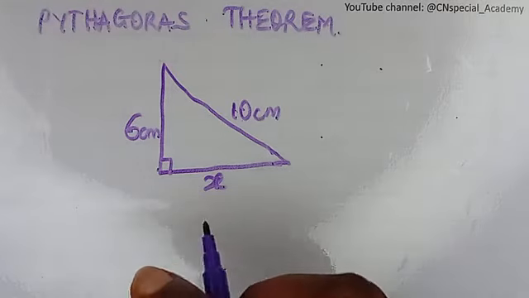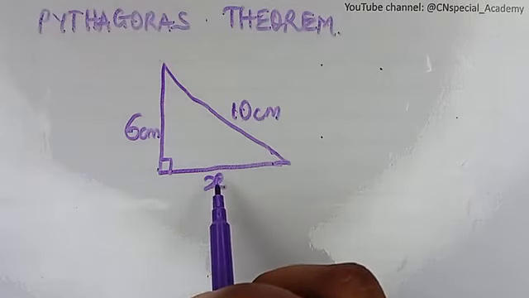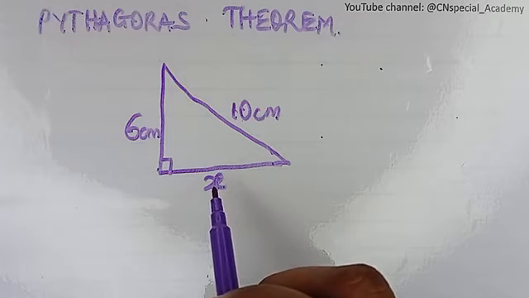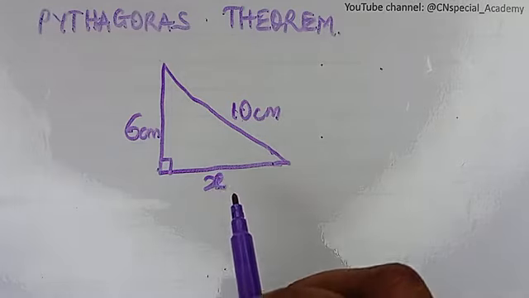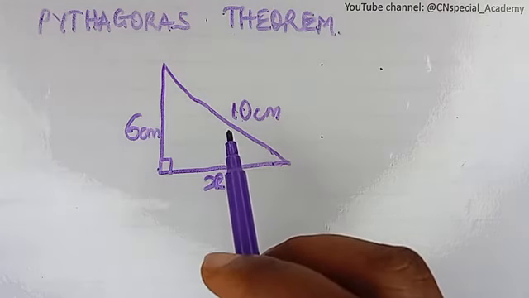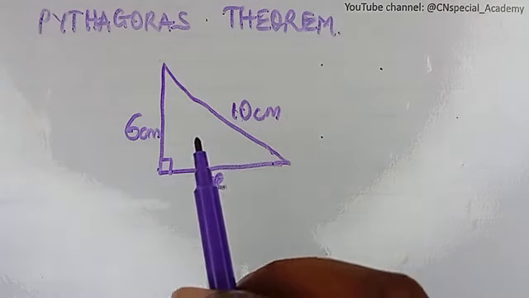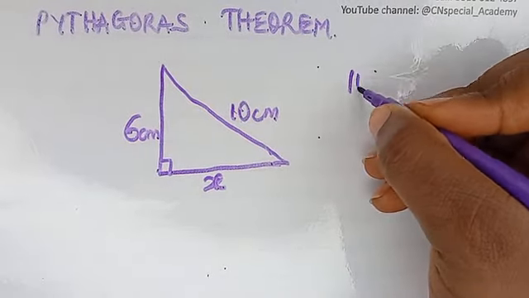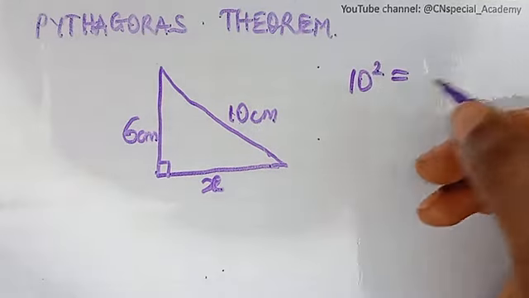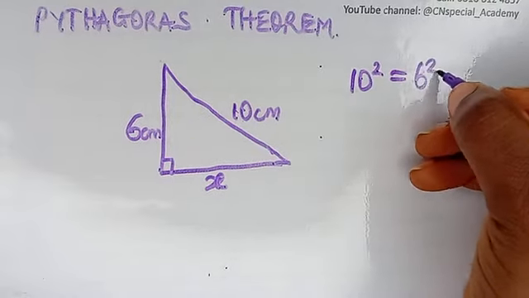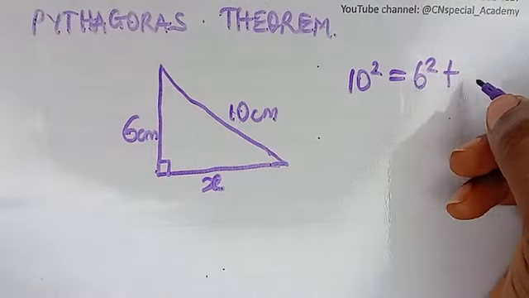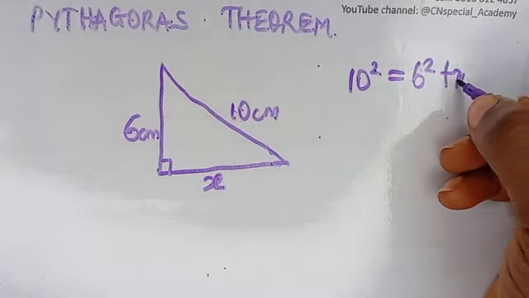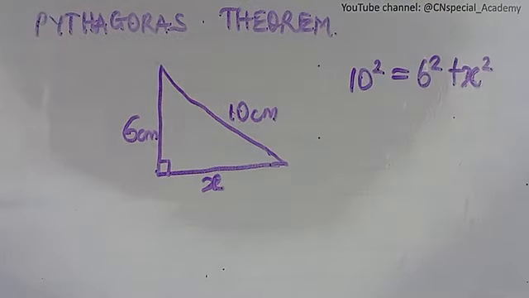We are faced with this example. We've been asked to find the missing side named x. So what do we do exactly? We recognize that this is the hypotenuse. So remember from Pythagoras theorem that the hypotenuse squared, which is 10 squared, is equal to this other side squared, which is 6 squared, plus this other side squared, which is x squared.